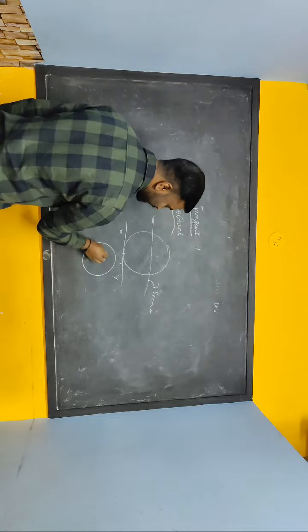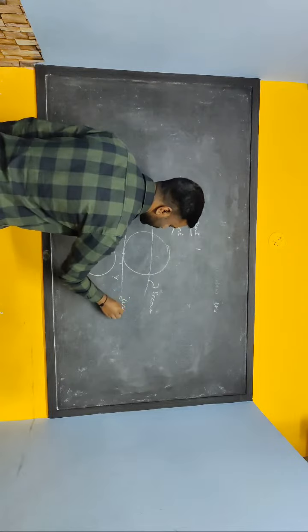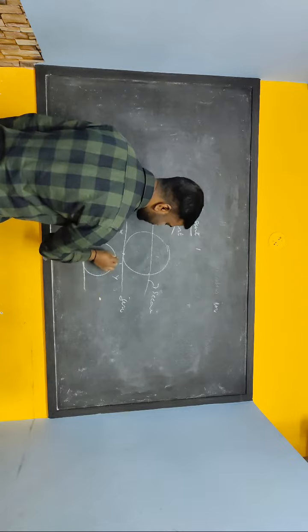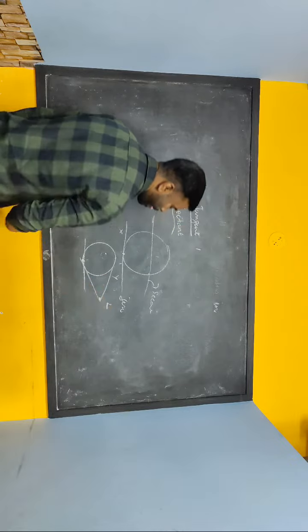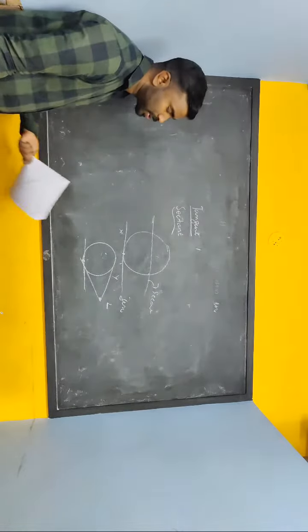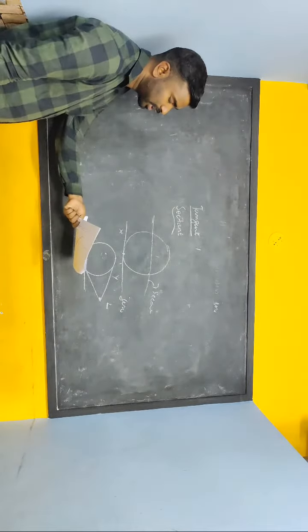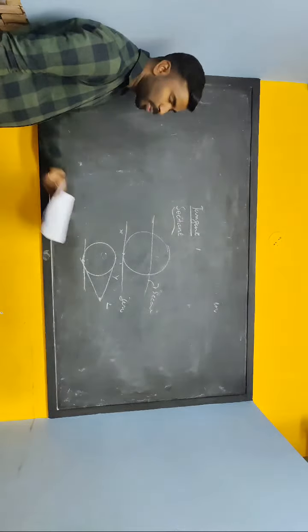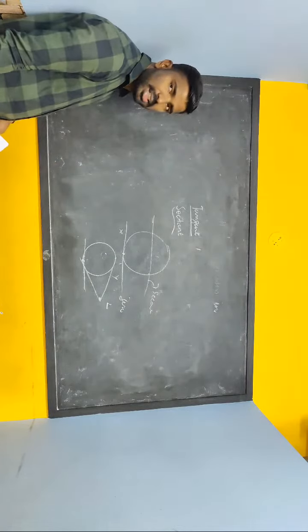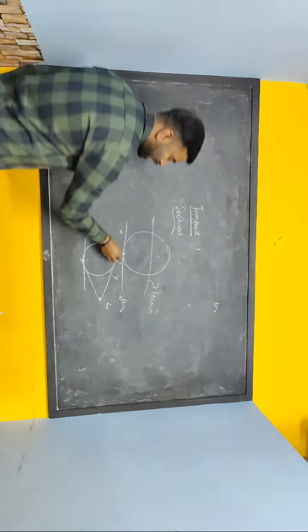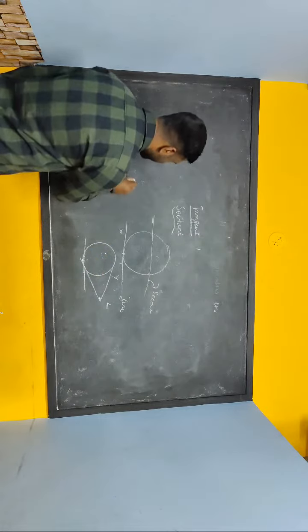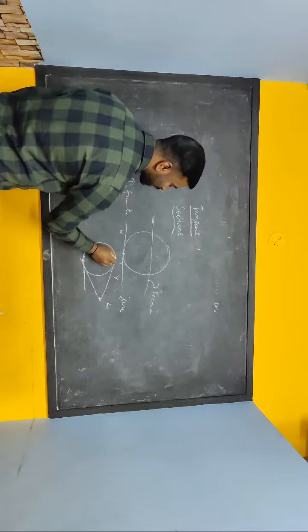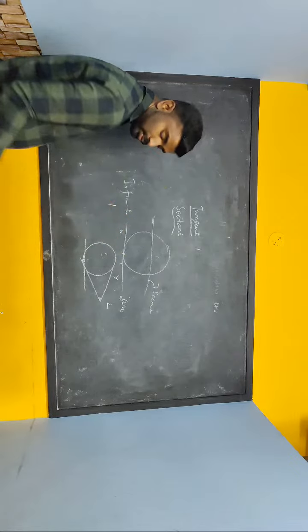the number of tangents inside the circle is 0, the number of tangents on the circle at a point is 1, and the number of tangents from an external point is 2. The number of tangents that can be drawn to a circle overall will be infinite, but the number of tangents that can be drawn to a circle at a point is 1.